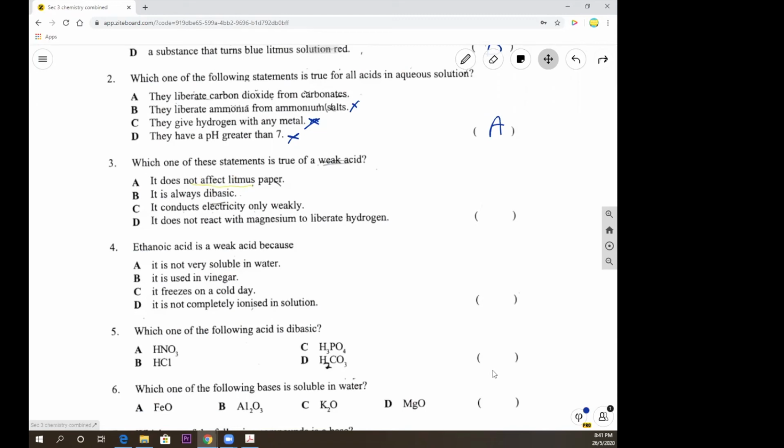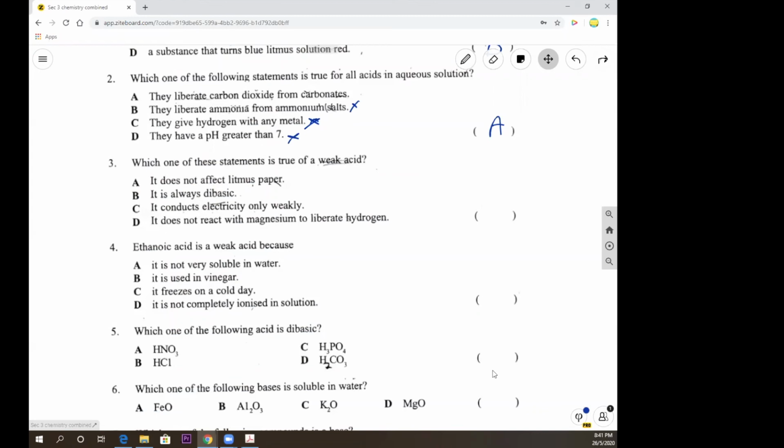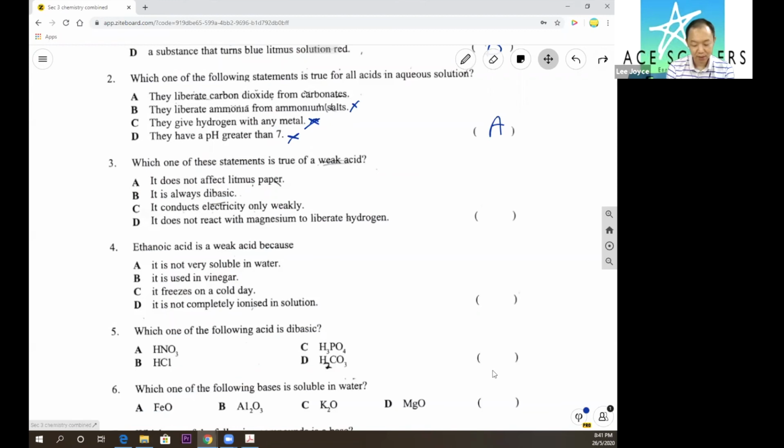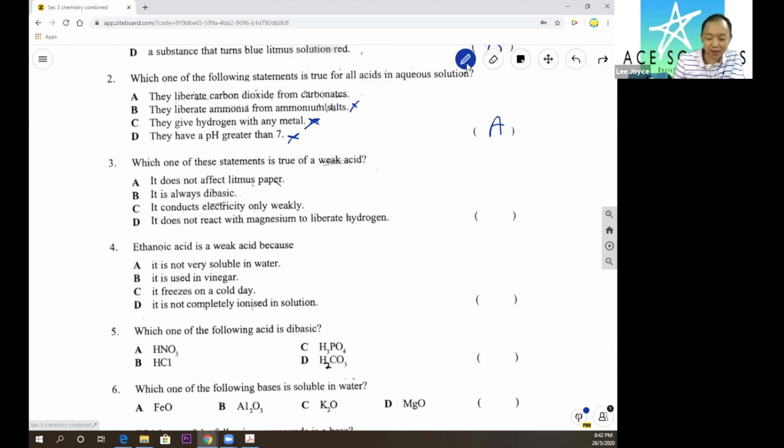B. What's dibasic? Dibasic means got two something, right? Basically, it's not dibasic, right? Okay. I think it does not react with magnesium. It does not affect litmus paper. D. I said D. Yeah, I think it's D. I can't give 100% confirmation, right? I better check the answer.